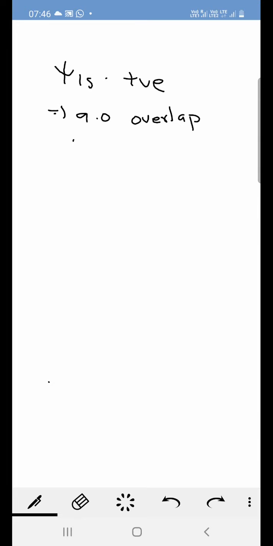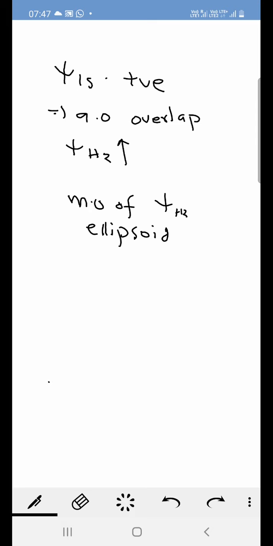And it would result in an increase in psi H2, and the molecular orbital of psi H2 is a simple ellipsoid, symmetric in shape.